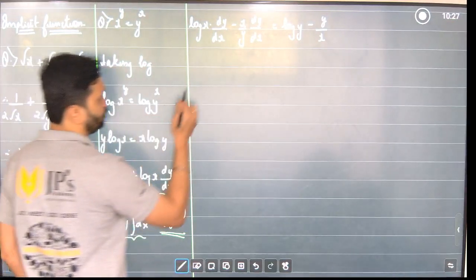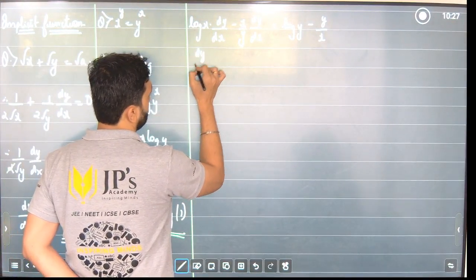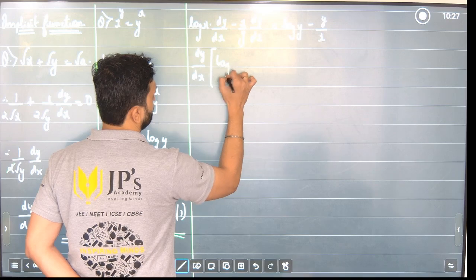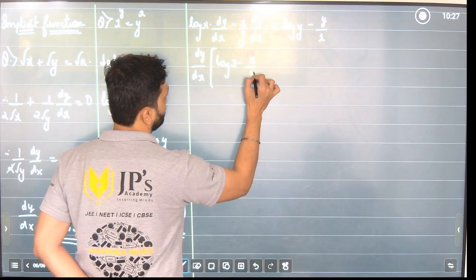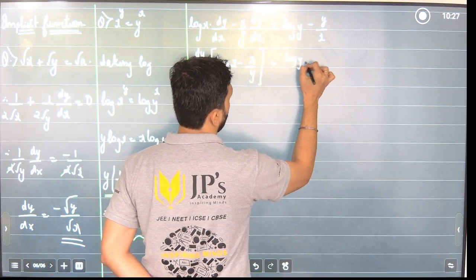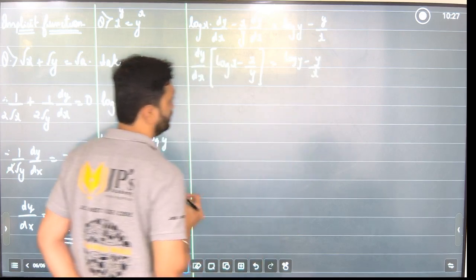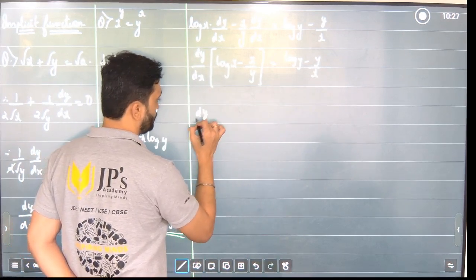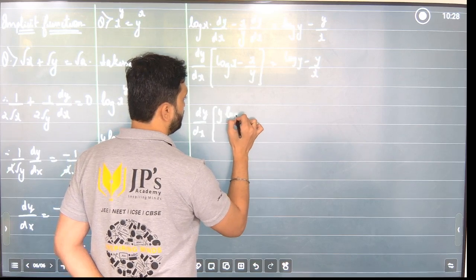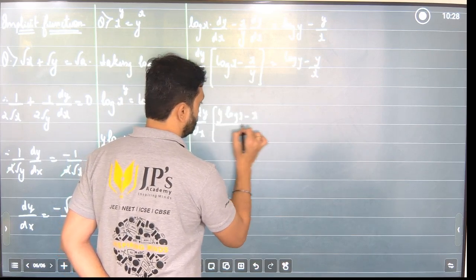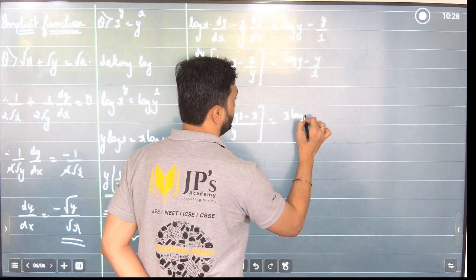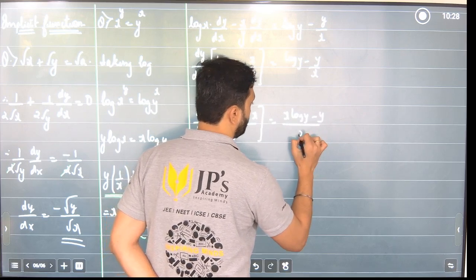So now I am going to take dy by dx common. If I take dy by dx common, I am left with log x minus x by y is equal to log y minus y by x. Now when I take the LCM, this will become dy by dx into (y log x minus x) upon y is equal to (x log y minus y) upon x.